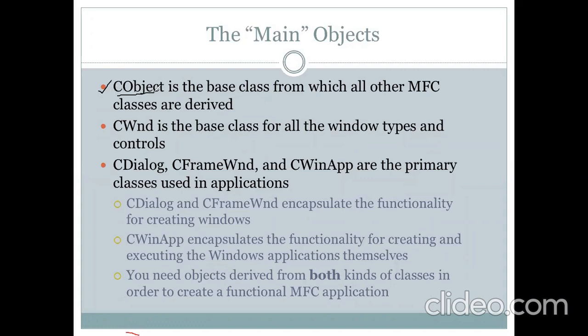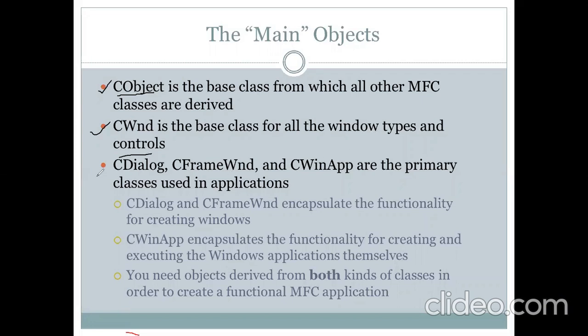CObject is nothing but a base class from which all other MFC classes are derived. Then CWnd is a base class for all window types and controls. Okay, so again it's a base class, but this particular one is used for all window types and controls.